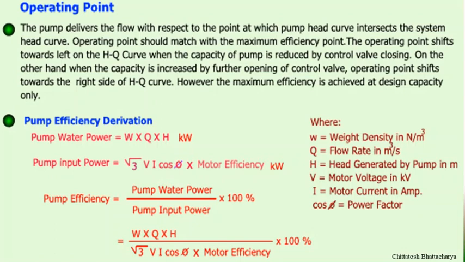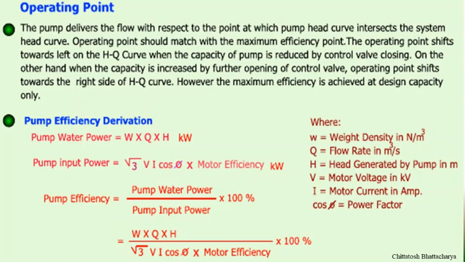Now for pump efficiency calculation, one thing is the pump hydraulic power. This can be calculated as WQH, equal to the pump hydraulic power in kilowatts. W is the weight density of water, Q is the flow rate in meter cubed per second, and H is the head generated by the pump in meters.